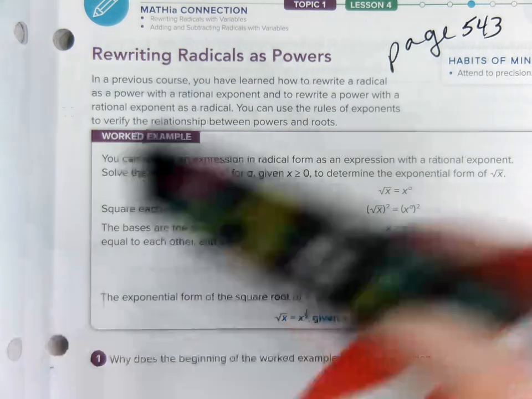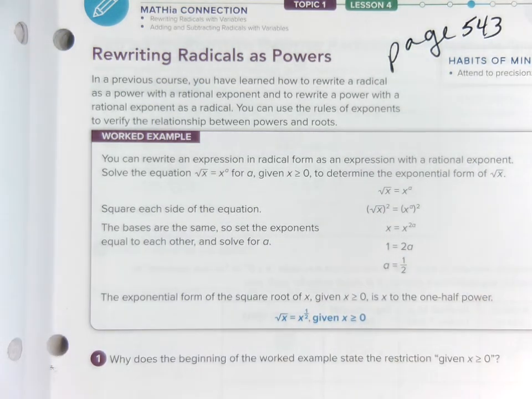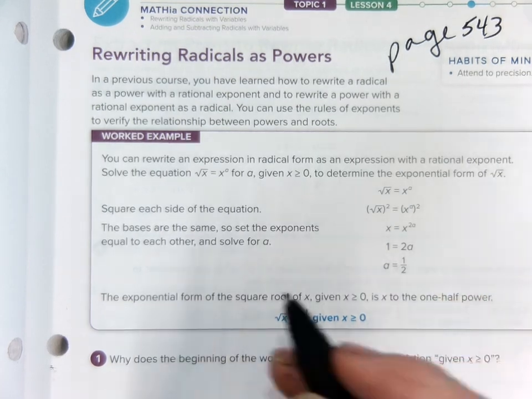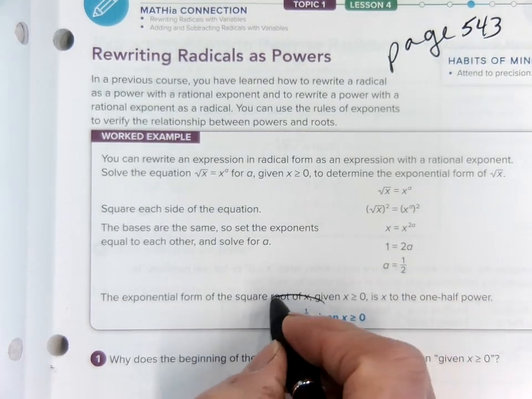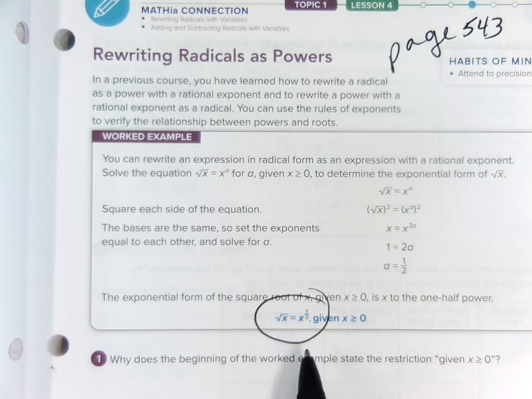All right, so what the book is trying to do is this. One of the things we need to know is that the square root of x is equal to x to the 1/2. If you take calculus, we use this a lot. It's really important.